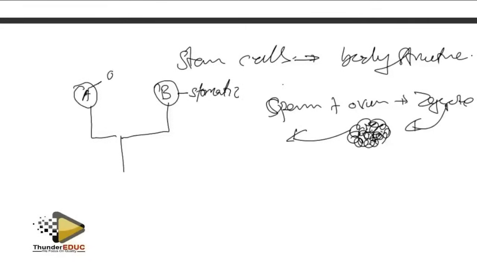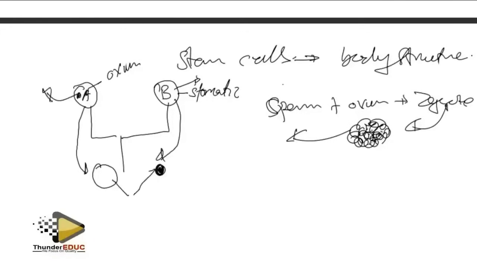And then this one I get from an ovum. What I do, I remove the nucleus of this one. I go with the nucleus of A. I throw away this shell. Here, I go with the shell, but I throw away the nucleus.